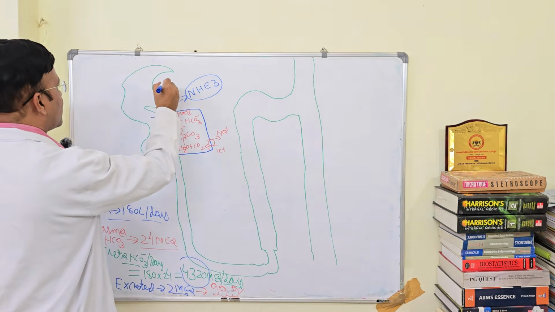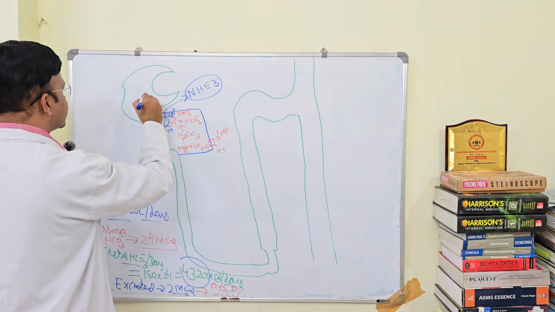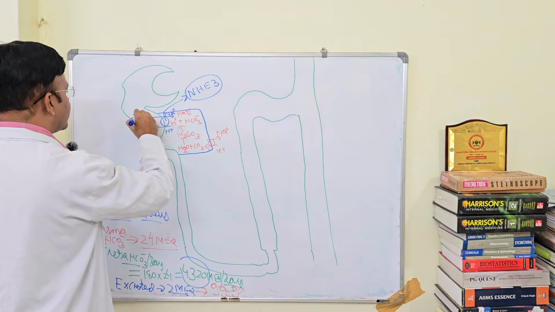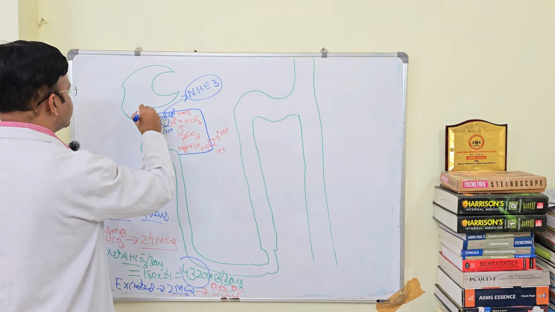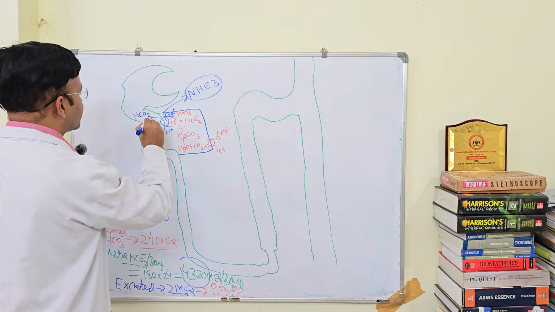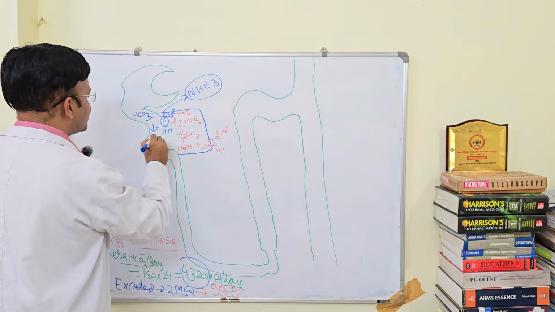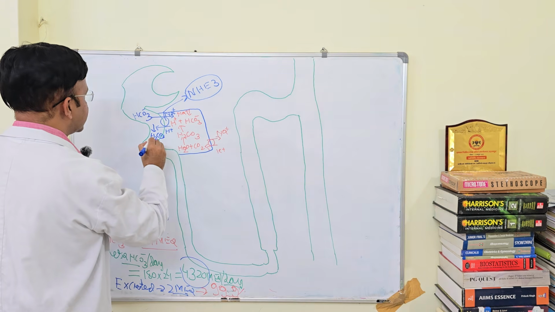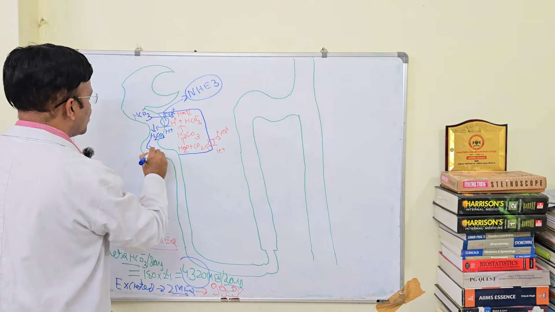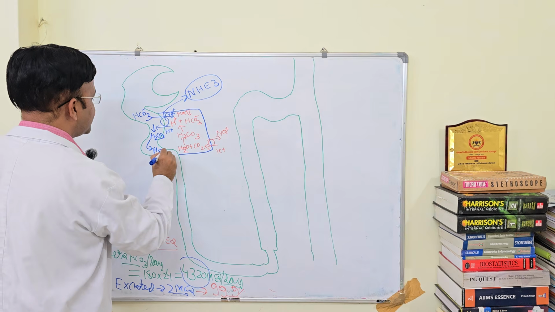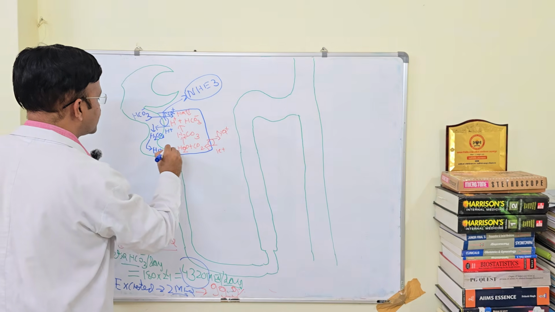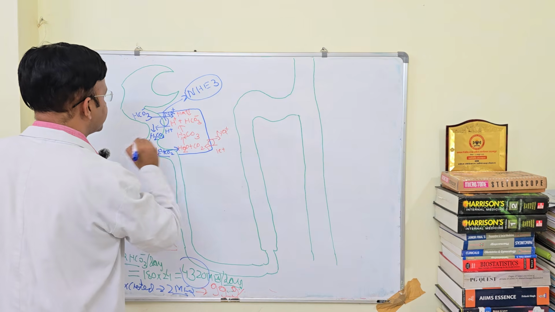Inside the tubule we have all the bicarbonate which is getting filtered out, so we will have a lot of bicarbonate which is freely filtered. This bicarbonate will combine with this H plus ion to form H2CO3. This will further break down into H2O plus CO2. This H2O and CO2 will be reabsorbed.